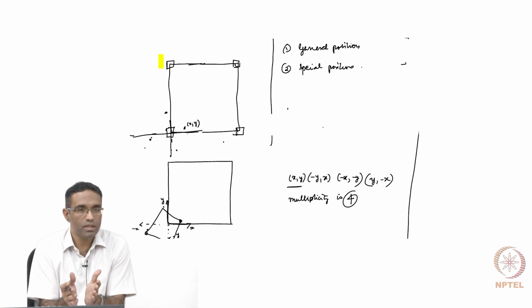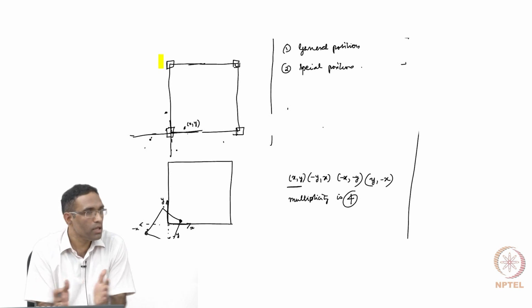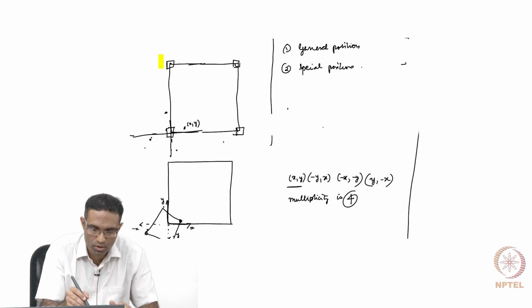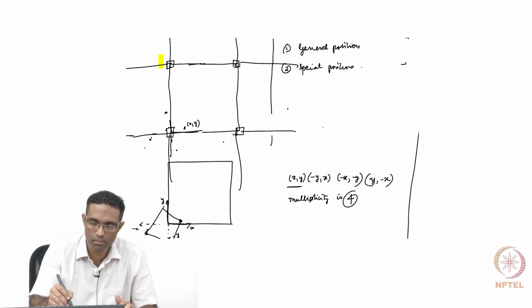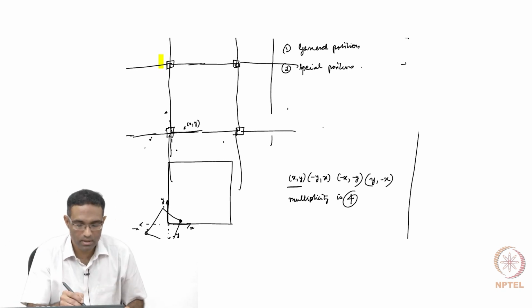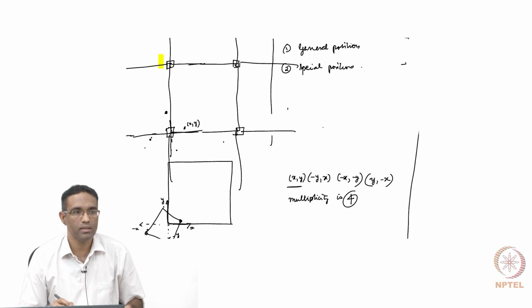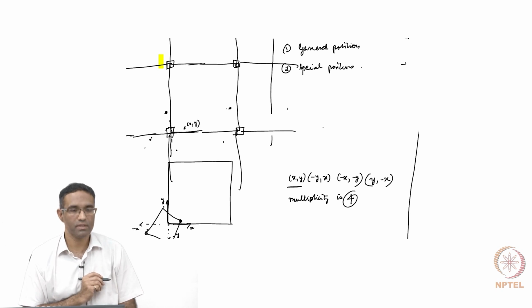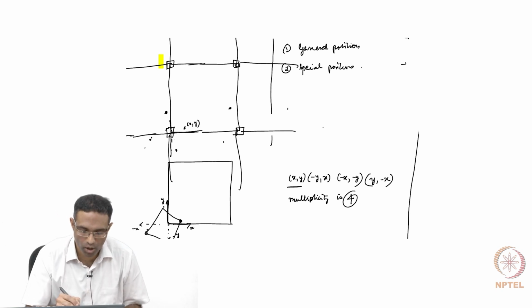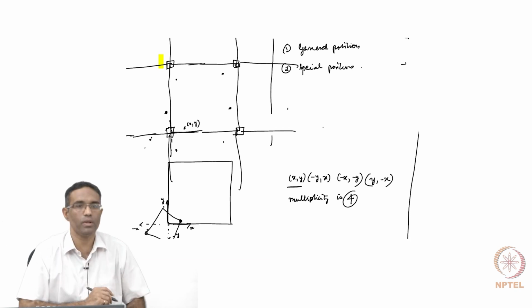Now, this is a lattice which is extending to infinity in the two directions. That means there is a unit cell to the left of it, to the right of it, to the bottom, and to the top. If there is an atom generated right here, it automatically means that there is an atom right here, right? If there is an atom here, it automatically means there is one right here. If there is an atom here, it automatically means there is one right here.